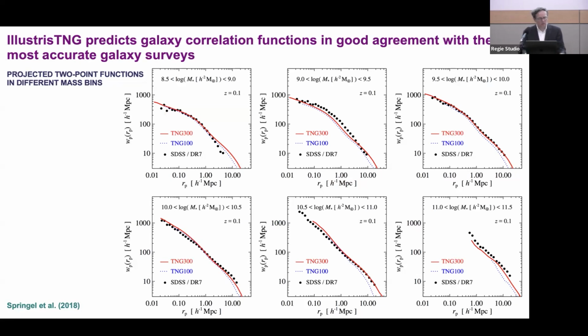This is shown here in these 6 panels for galaxies of different stellar mass, where the so-called two-point correlation function of galaxies is compared between the SDSS survey, the observation data, and the simulations. The observation data are these black points. What the simulations predict are the red lines. And you see there is a reasonably good agreement. This has been a huge encouragement because it shows that the galaxies are actually at the right places.